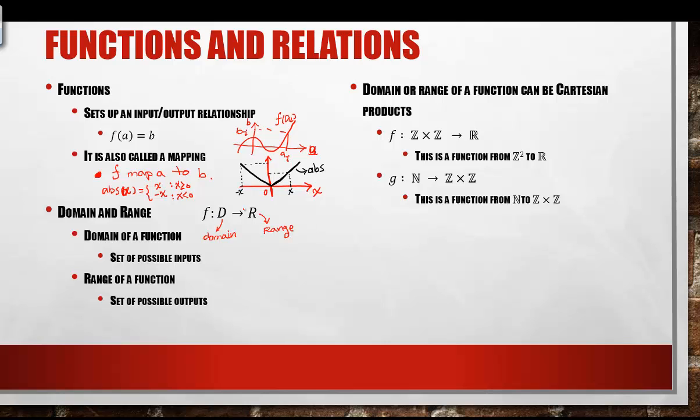For example, the function ABS that we just talked about earlier draws its values from domain Z of integers and produces values from range Z, which is also the set of integers.